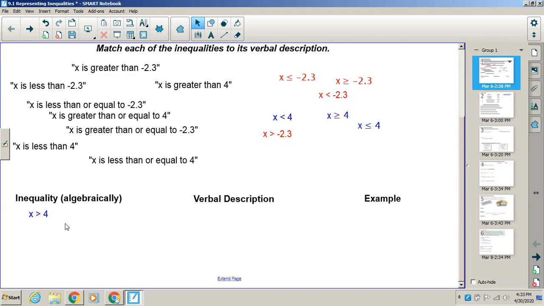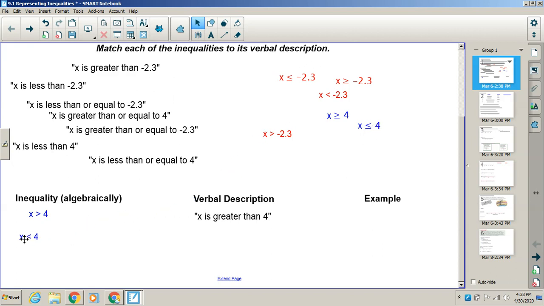If I look at the verbal description, that would be x is greater than 4. And a value that is greater than 4, 4.2, 17, those all work.